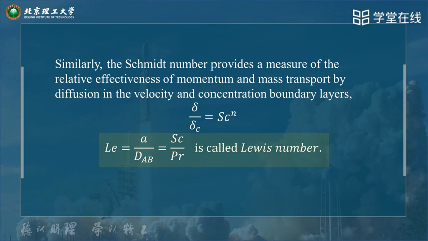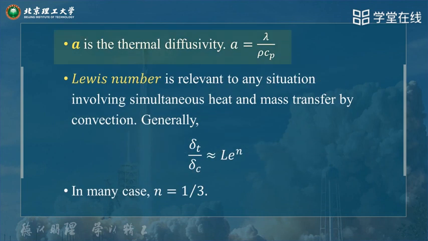We define another number, the Lewis number, equals alpha over D_AB. It's called the Lewis number. It is the Schmidt number over the Prandtl number. Here alpha is the thermal diffusivity, alpha equals lambda over rho Cp.